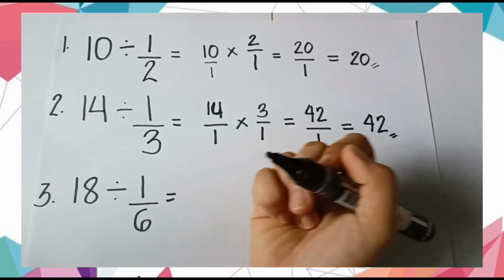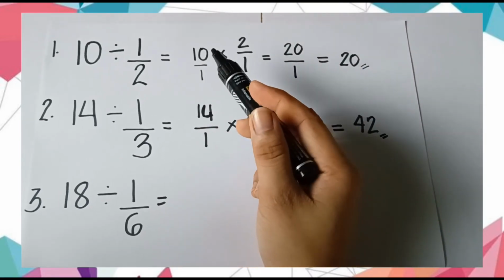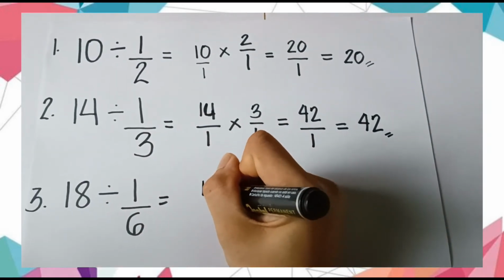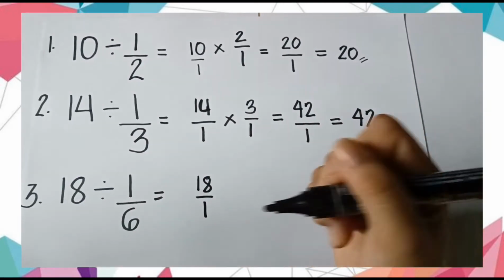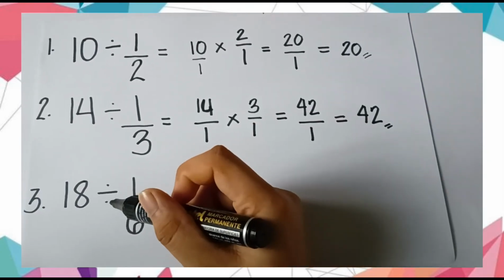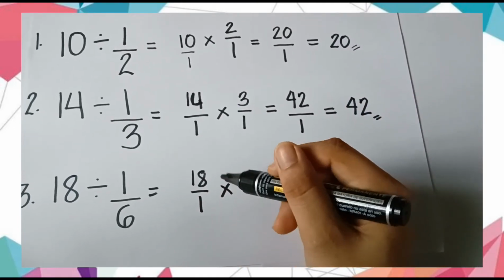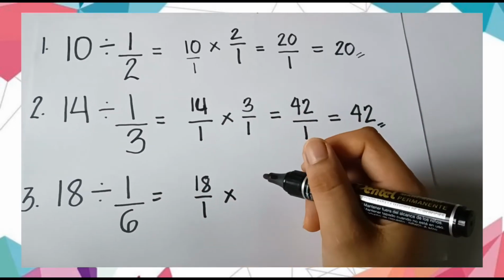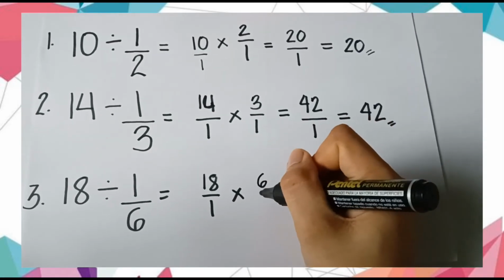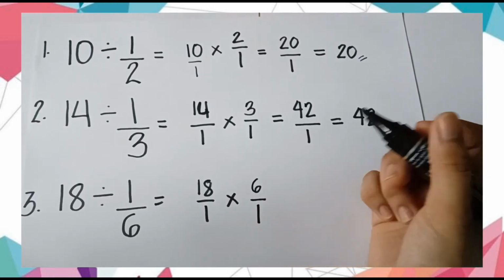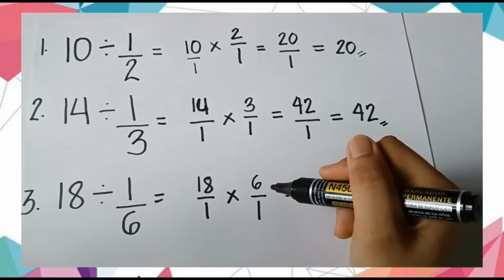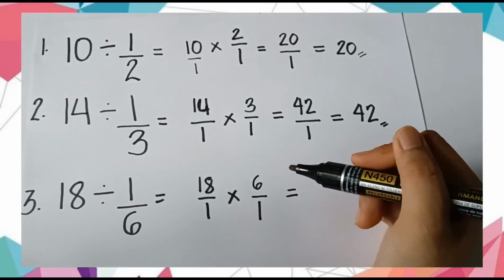Next, 18 divided by 1/6. Again, 18 is a whole number, so the same process as we did in number 1 and number 2. We keep 18, and then we give it a denominator which is equal to 1. We change the operation into multiplication. Then we flip 1/6, or we get the reciprocal of 1/6, which is 6/1. We multiply numerator times numerator, and denominator times denominator.